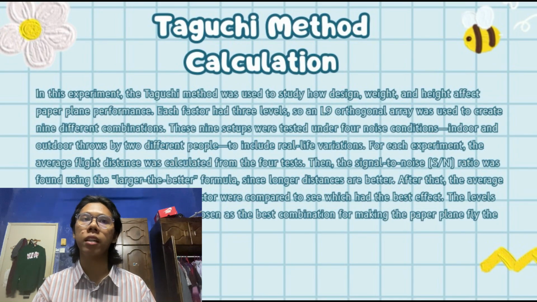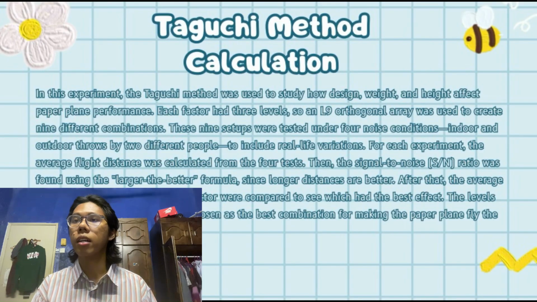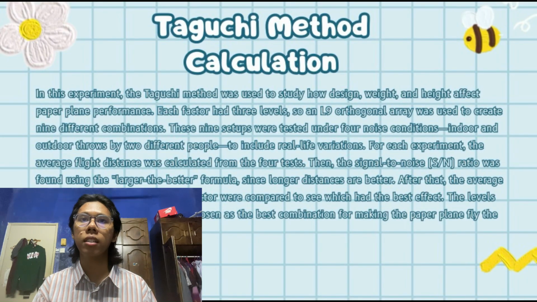For each experiment, the average flight distance was calculated from the 4 tests. Then the signal-to-noise ratio, SNR, was found using the larger-the-better formula, since longer distances are better. After that, the average SNR ratios for each level of each factor were compared to see which had the best effects. The levels with the highest SNR ratios were chosen as the best combinations for making the paper plane fly the furthest.